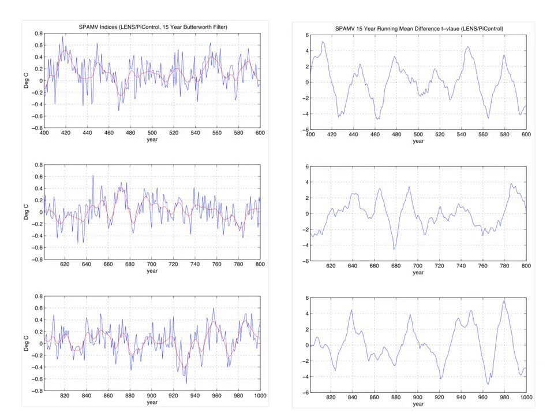So now I'm going back to the right panels. I'm using here a trick that I used in a paper in 1994: I do a 15-year running difference.